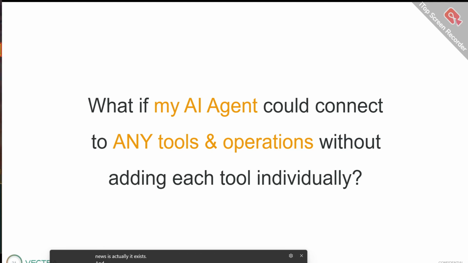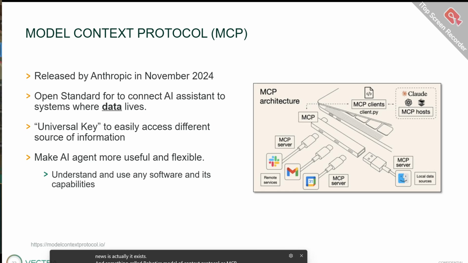It's something called Model Context Protocol, or MCP. If you have been looking at news around AI and LLMs, you probably heard about it because it really made a lot of noise and gained huge popularity. It was released by Anthropic in November 2024. And it's really a standard that was developed to connect any AI systems to the data, right?